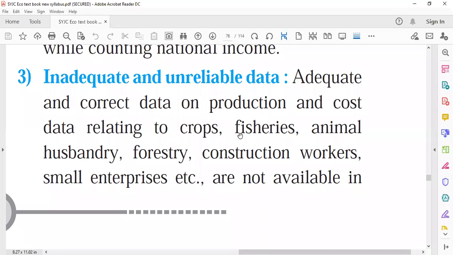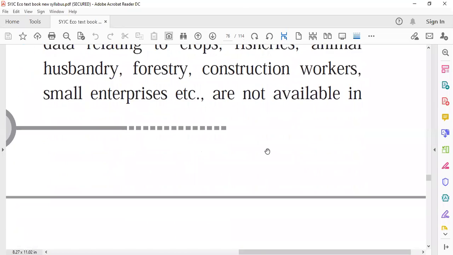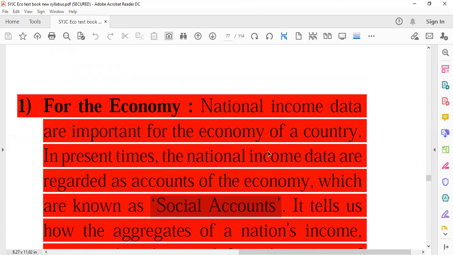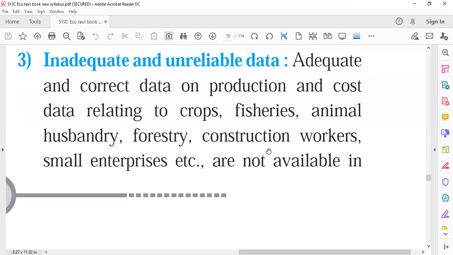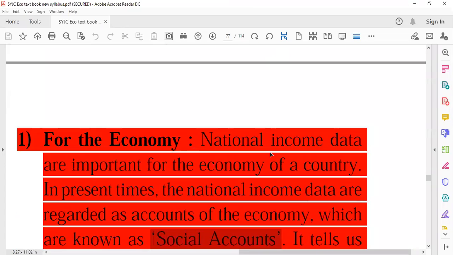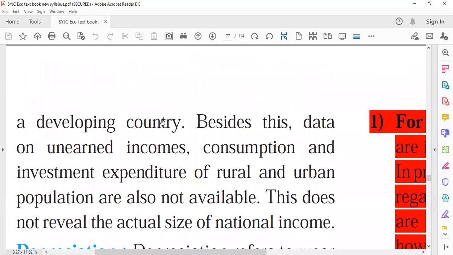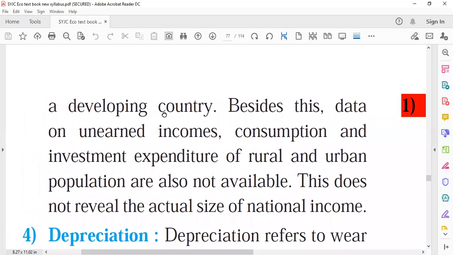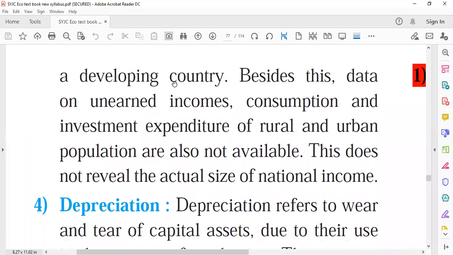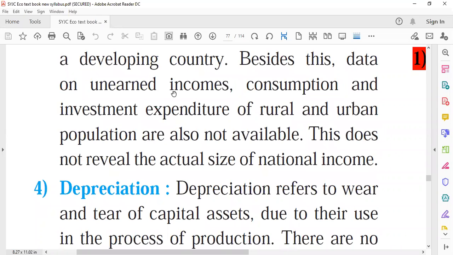Since proper data related to crops, fisheries, animal husbandry, and forestry is not available, we are not able to calculate the exact value of the income, consumption and expenditure of rural and urban population.